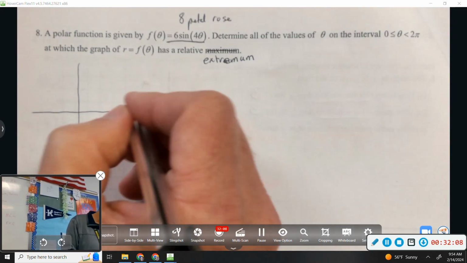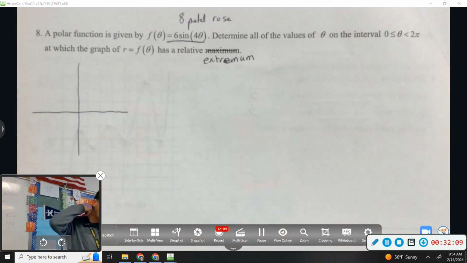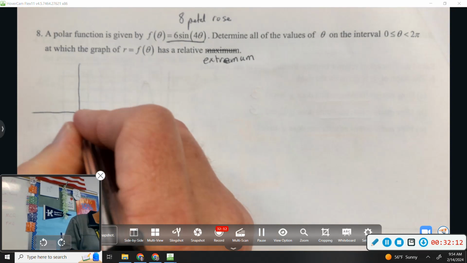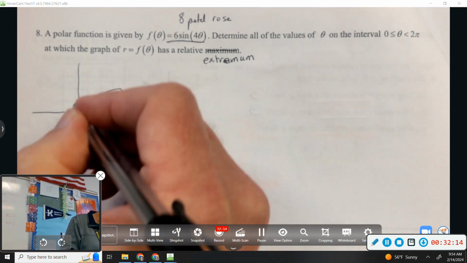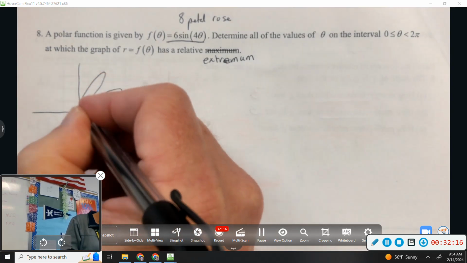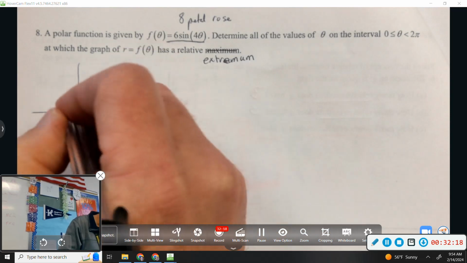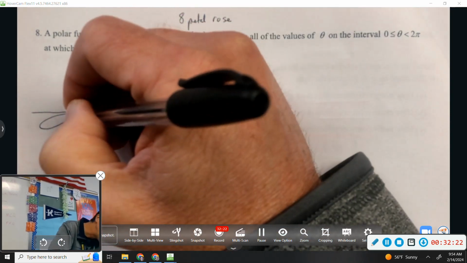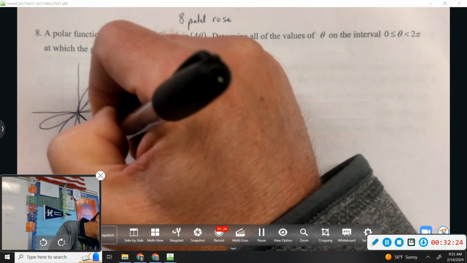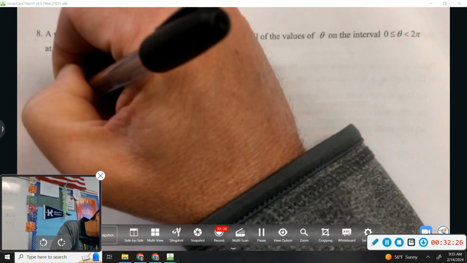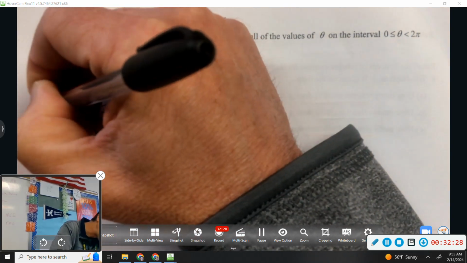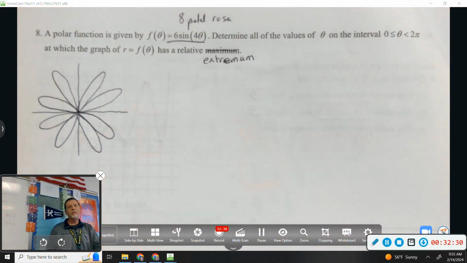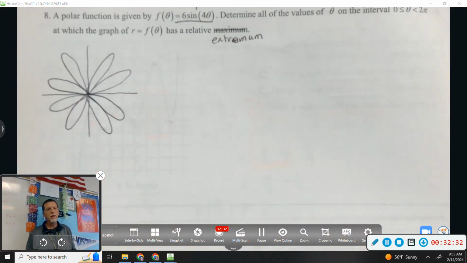So 8 petals, equally spaced, that'd be 2 per quadrant. So I can kind of just sketch these in here. Again, they're supposed to be equally spaced and equally sized. These are roughly equally spaced. They're not so much equally sized. But we get the idea.